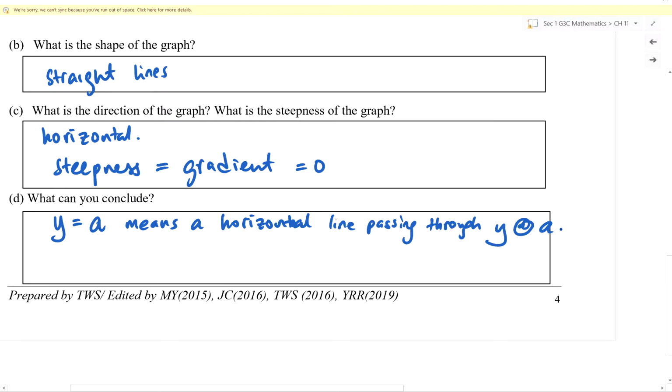Now if a happens to be 2, then it passes through y equals to 2, the y-axis at value 2. If it is y equals to -3, it is a horizontal line passing through -3. And the next one, y equals to 0, refers to x-axis. Oh, sorry, I should say horizontal axis.